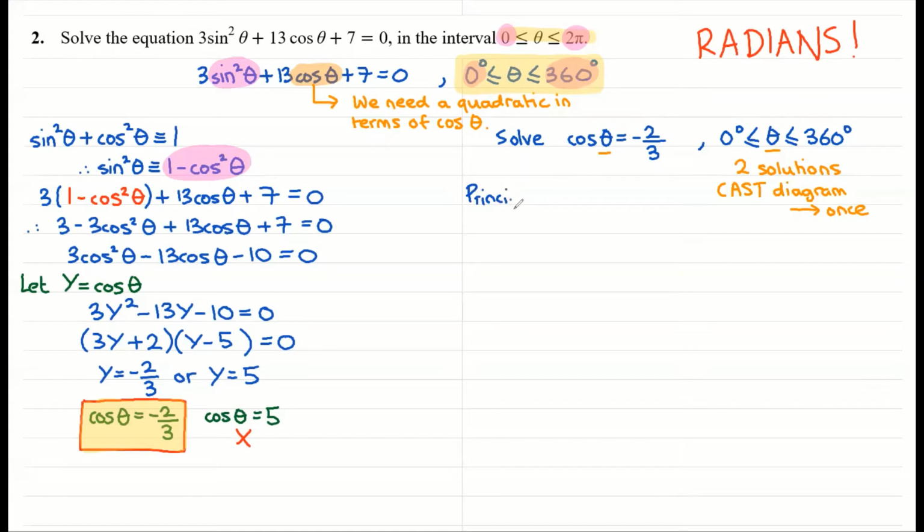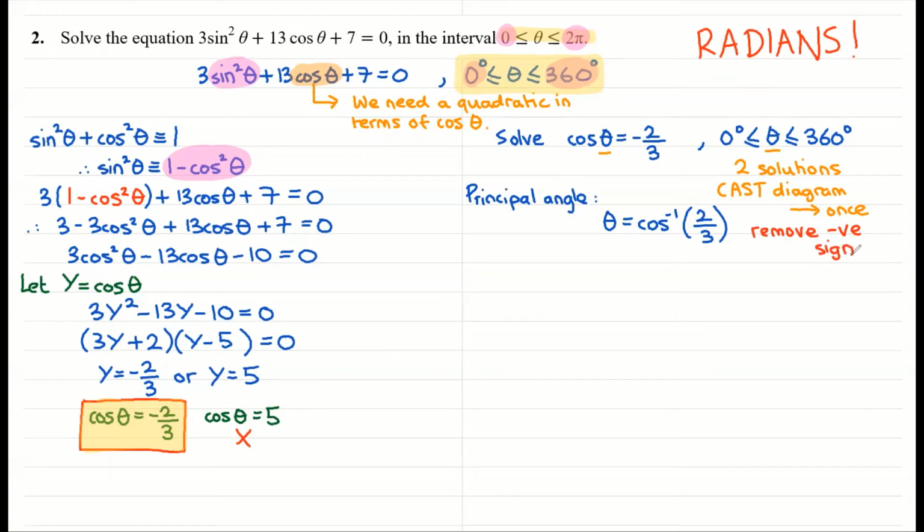Principal angle. Okay, so theta is going to equal the inverse cosine of 2 over 3. Notice that I've dropped the negative sign there. Make a note of that if you don't remember. Remove the negative sign. The cast diagram deals with the negative sign for you.